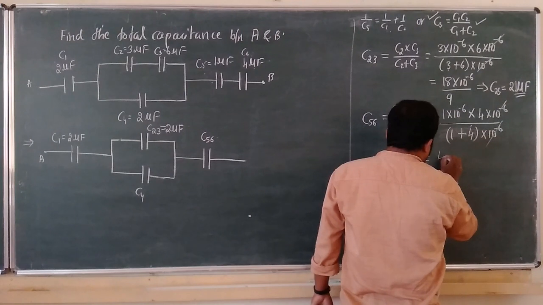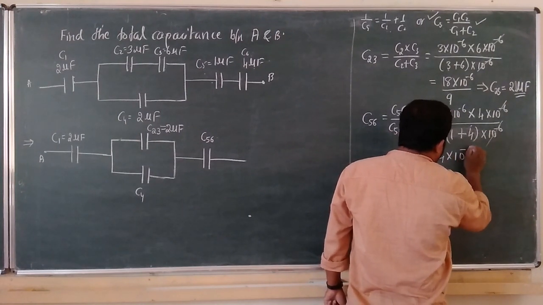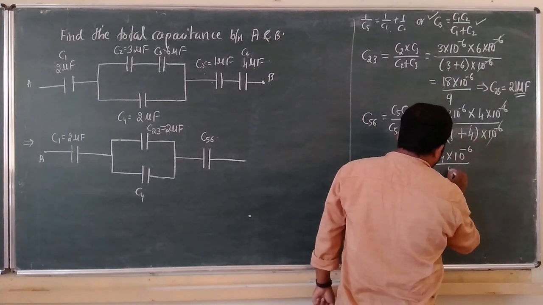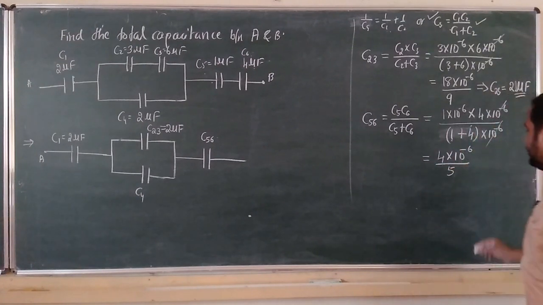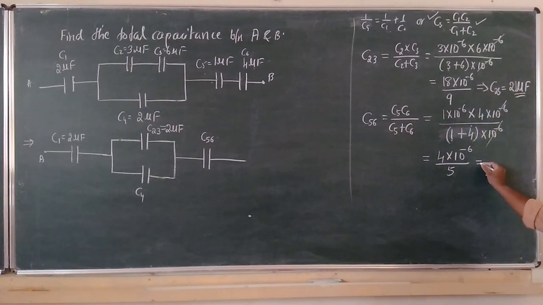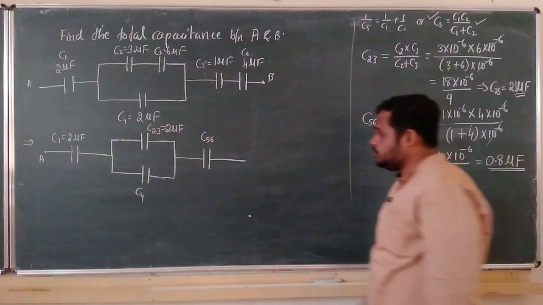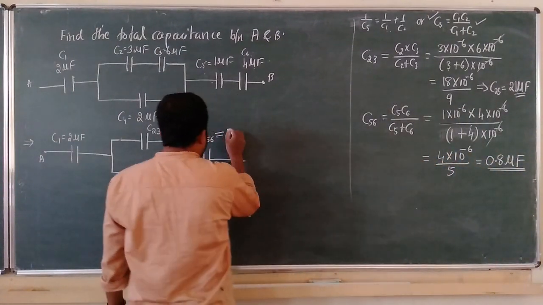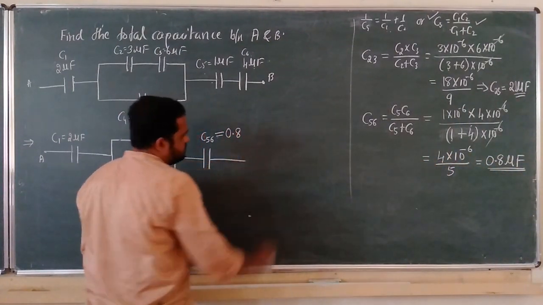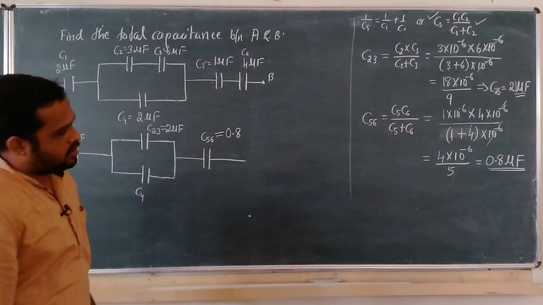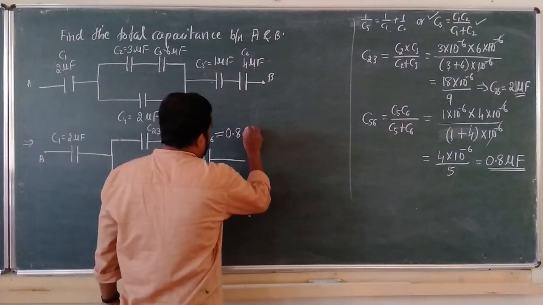Remaining is 4 into 1, 4 into 10 power minus 6 divided by 4 plus 1 is 5. So 4 divided by 5 is equal to 0.8. 10 power minus 6 is there, so 0.8 microfarad. So C56 is equal to 0.8 microfarad.